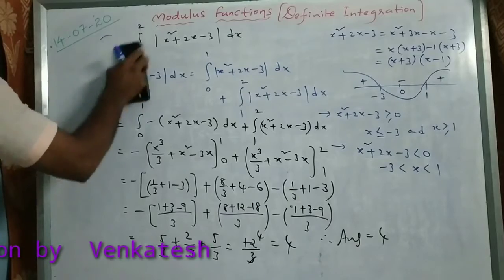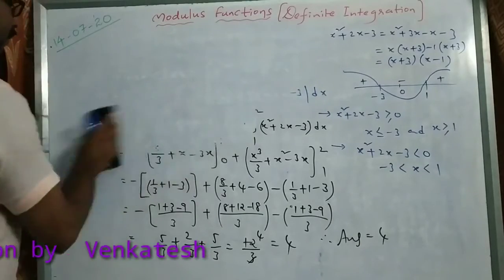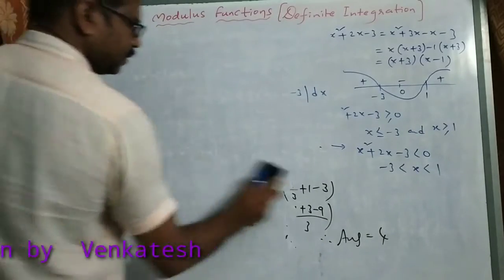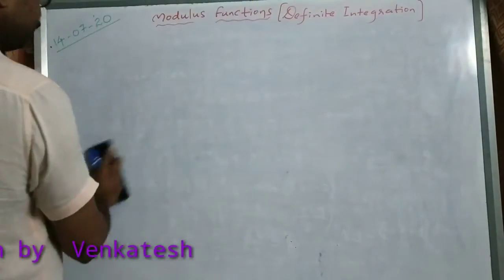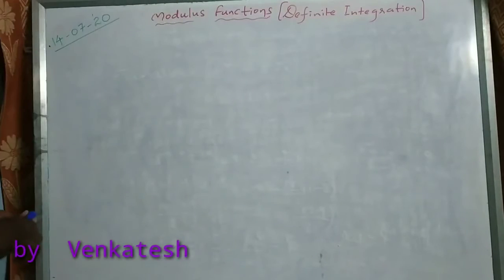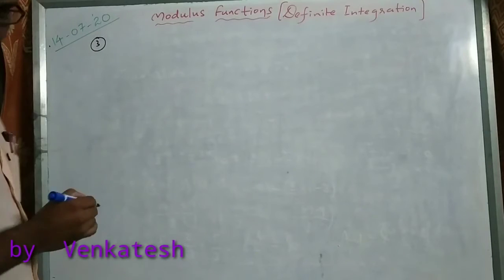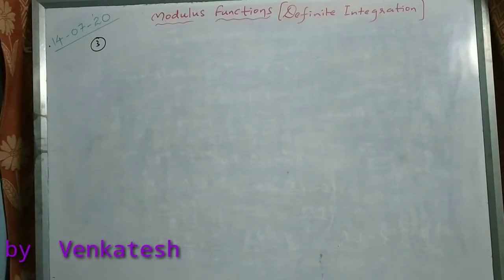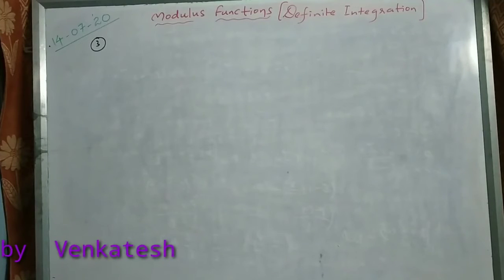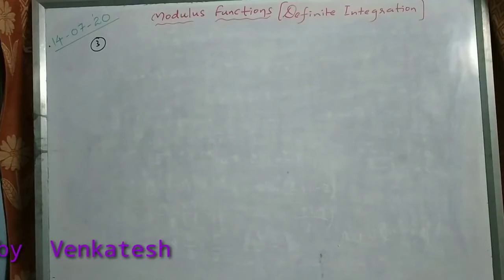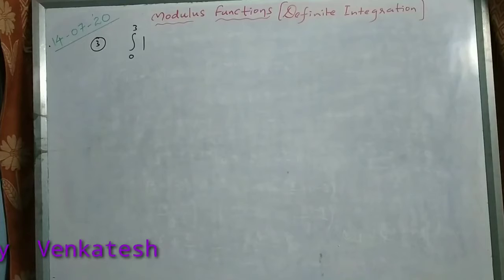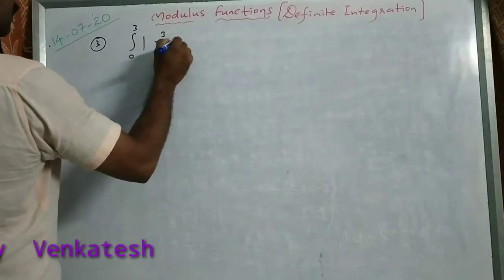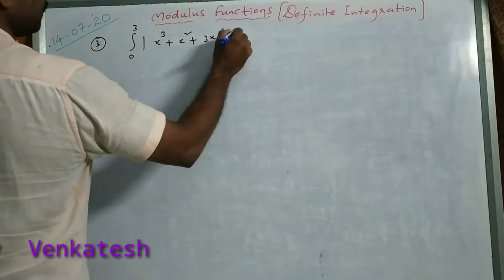Let us see the next one. Third one: integral 0 to 3 modulus x cube plus x square plus 3x dx.